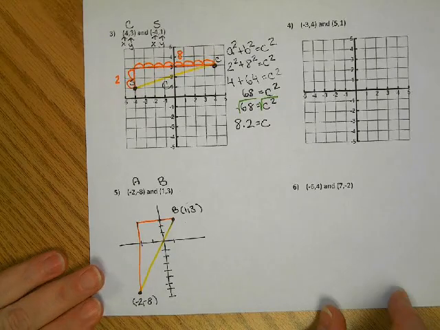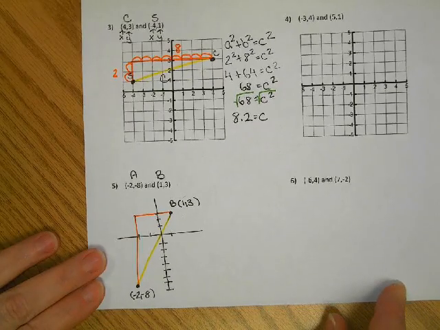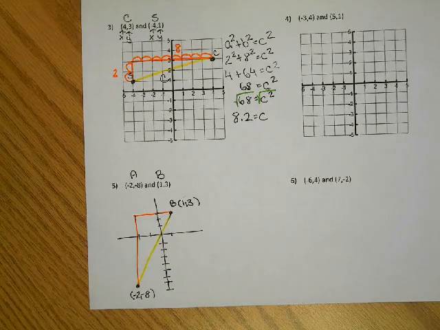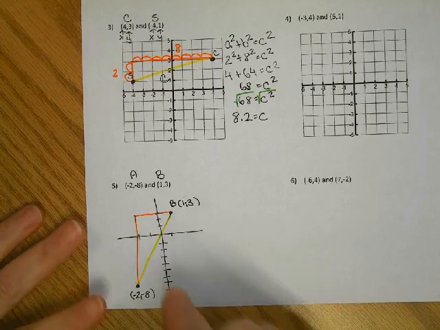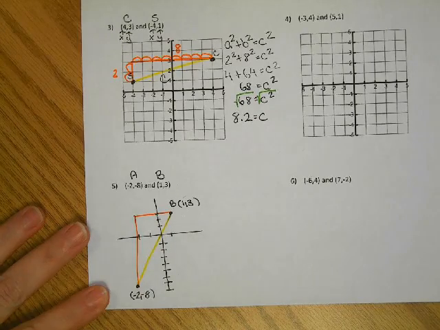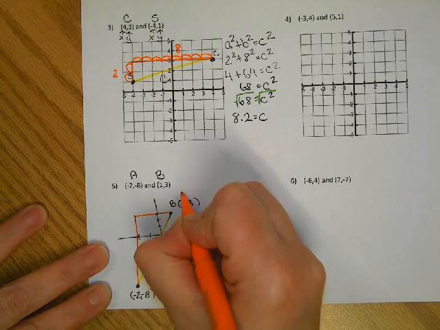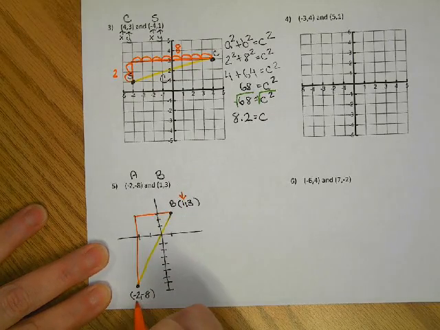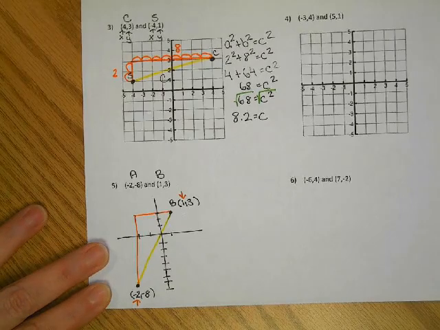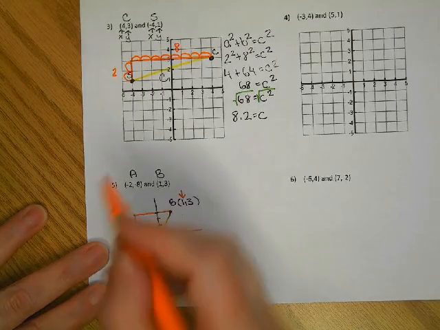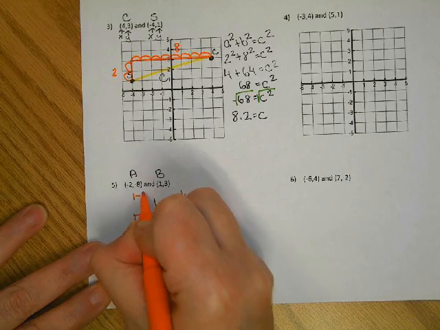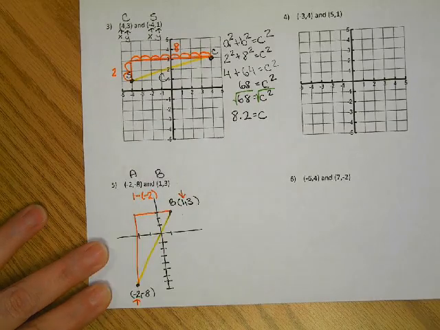Okay. So how are we going to find the distances without counting? Because now it's not good to count because it's hard to see. We can figure out how the x's change. Here's an x and here's an x. And so we can subtract. We can say 1 minus -2.